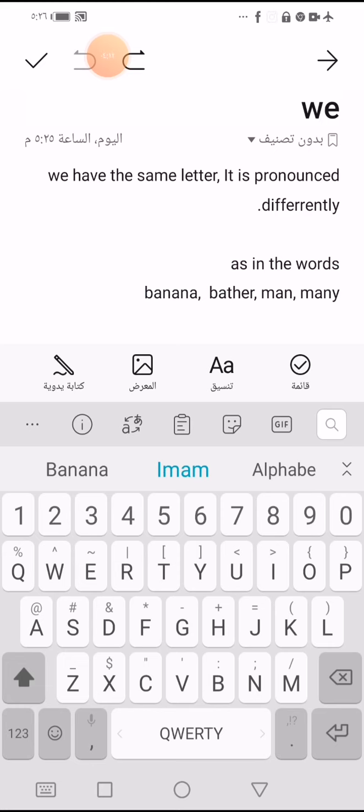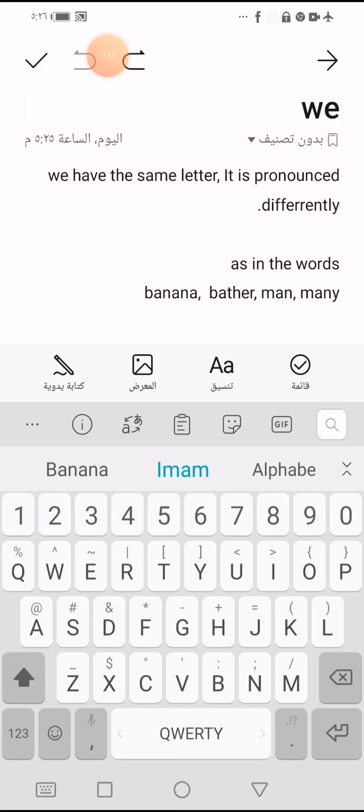What is the suffering here? The suffering here, as we can see in the word banana, is that the first letter A, after the letter B, is pronounced as a schwa.